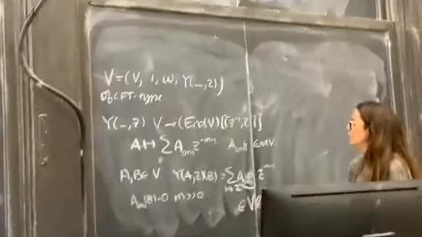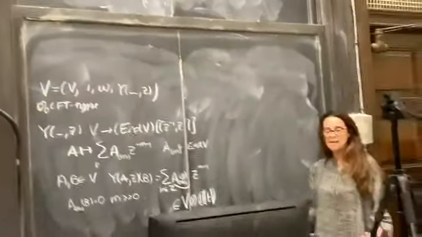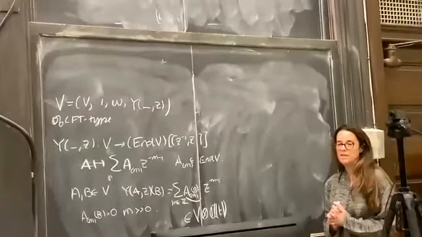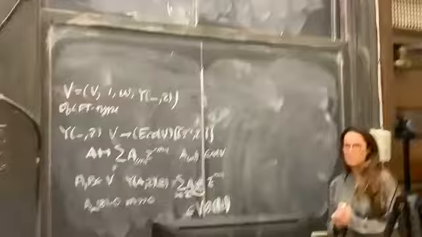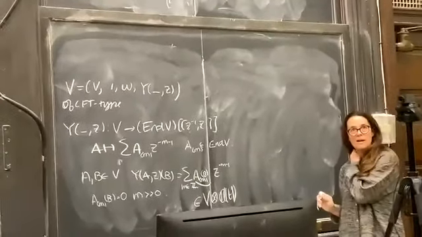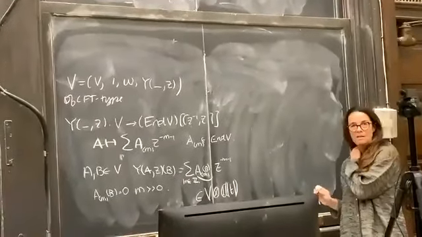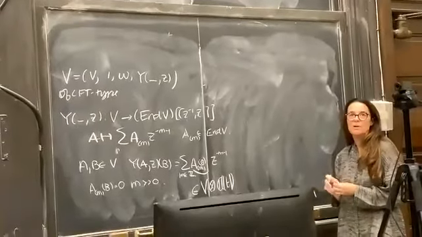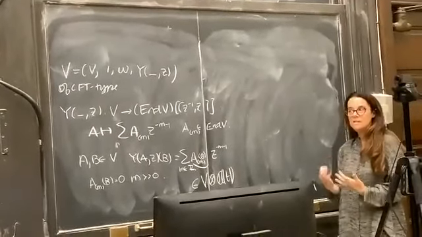And I should say that right now I'm working over C, but Borcherds' original definition of vertex algebra was characteristic free. And a little bit has been done in characteristic p on these definitions.